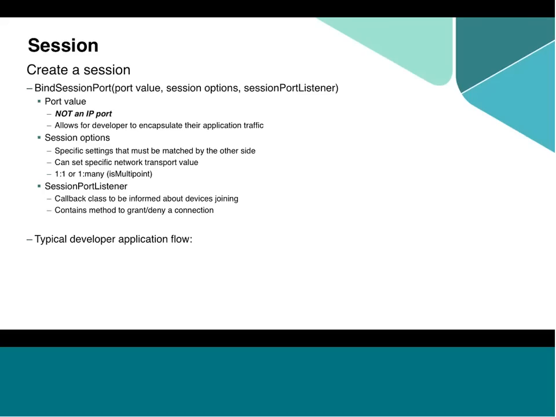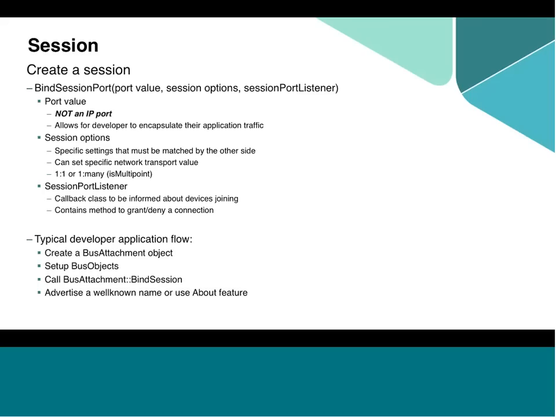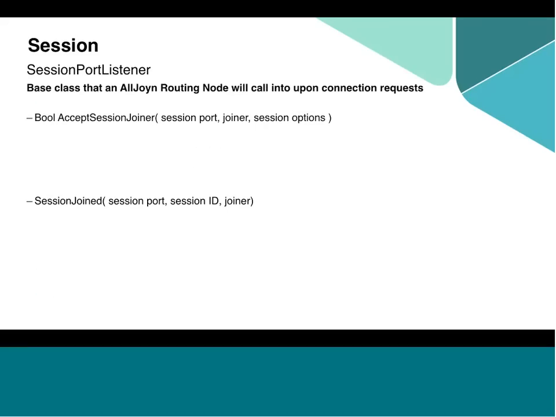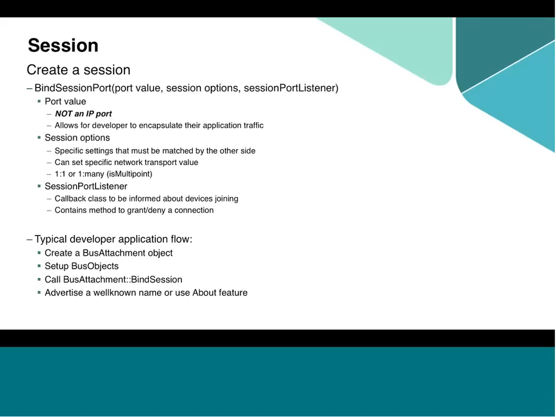And the next piece on a session is the session port listener. And this is what allows any AllJoyn application the ability to grant or deny an incoming connection. So the typical flow is, again, you set up everything with AllJoyn and you either advertise using the About feature, sorry about that, or a well-known name.